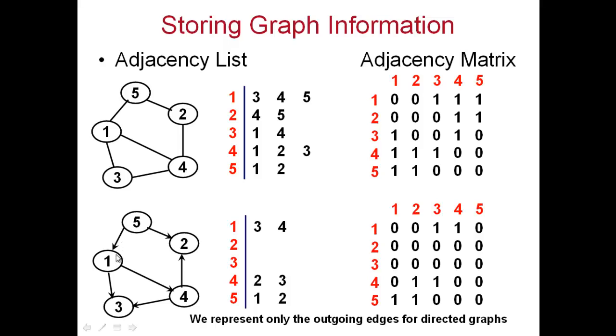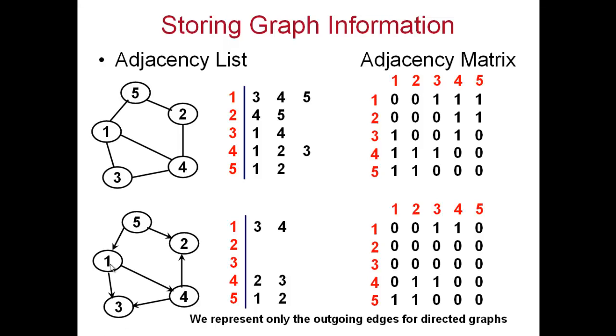This edge from 5 to 1 is called an outgoing edge, because it leaves 5 and goes to 1. From node 1's point of view, the edge from 5 to 1 is called an incoming edge. So the same edge is an outgoing edge for one vertex and an incoming edge for the other vertex.